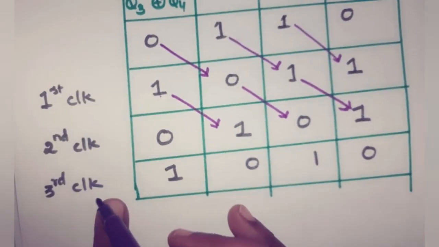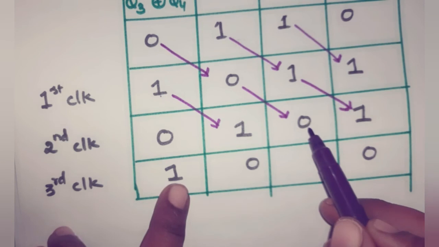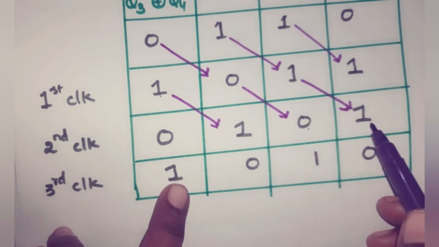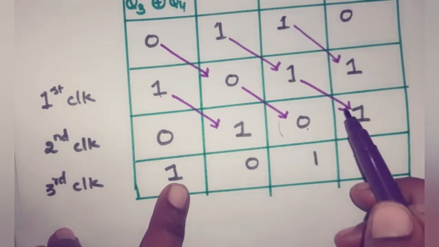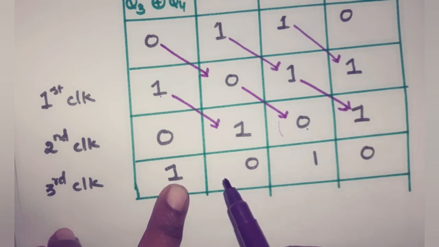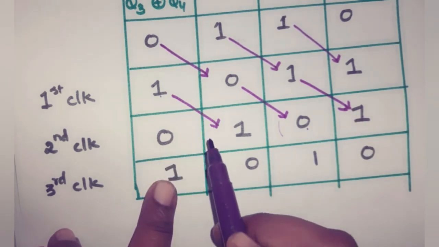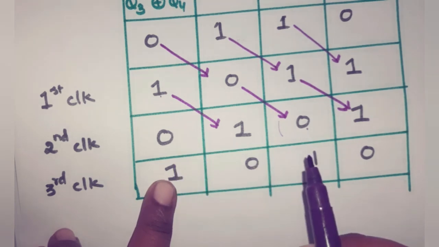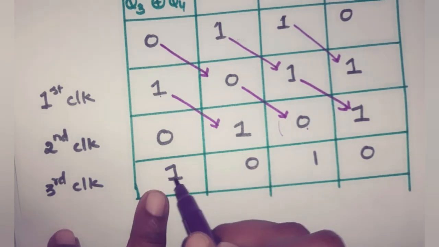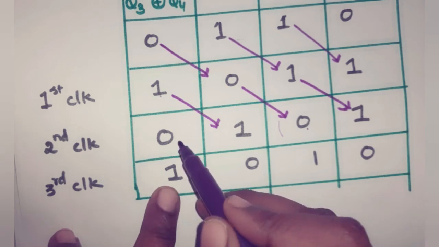During the third clock pulse, here Q3 is 0, Q4 is 1. The inputs are different, so the exclusive NOR output is 1. That is given as the input to the first flip-flop. So the output is also the same, 1. So you get 1 here, and right shift.